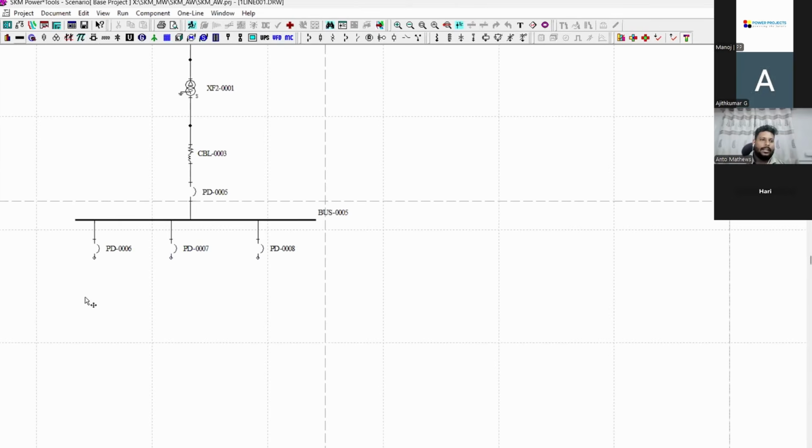After that, I'm having a cable connecting the switchgear outgoing feeder to my motor, then the motor terminal. Let me pick a motor from here. I'm just inserting my motors.